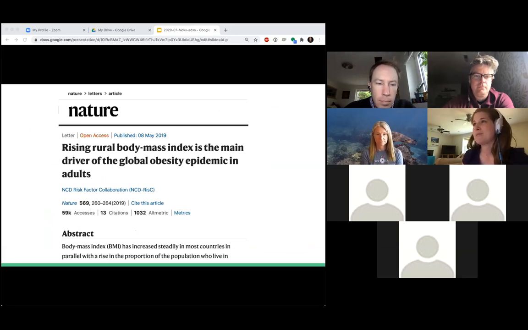So this was a paper published in 2019 in Nature. And for a long time, it's been thought that urban areas are actually the driving reason for increasing obesity over time. And this paper came out in 2019 and argued the opposite. They actually showed that rural areas are the fastest growing areas for increasing obesity.